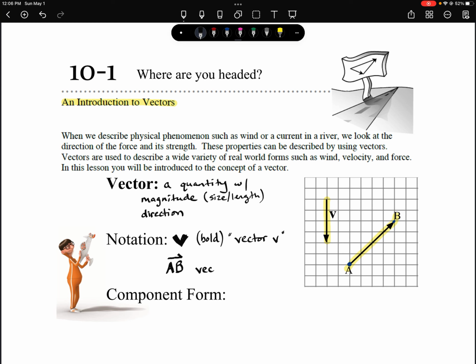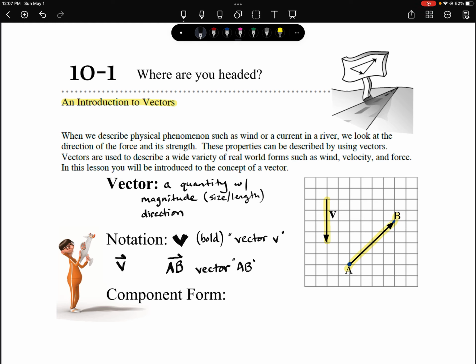This would be considered vector AB. It can also be written as a single letter with the ray symbol above it, just like we did with AB. So I'm going to write that down so we're not confused. That vector v could also be written like that as well.